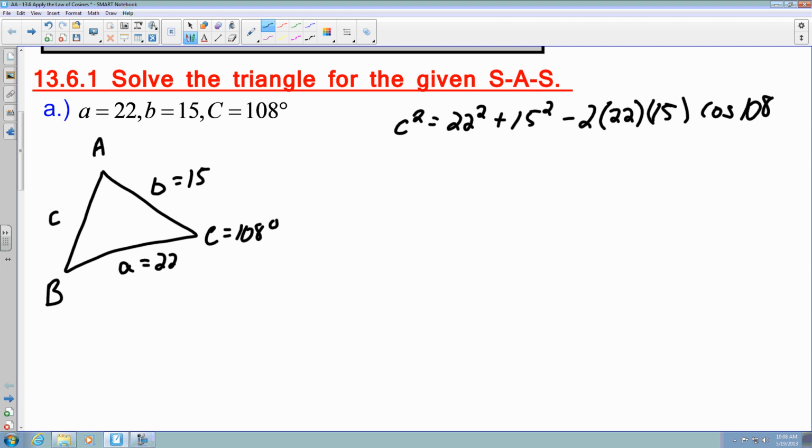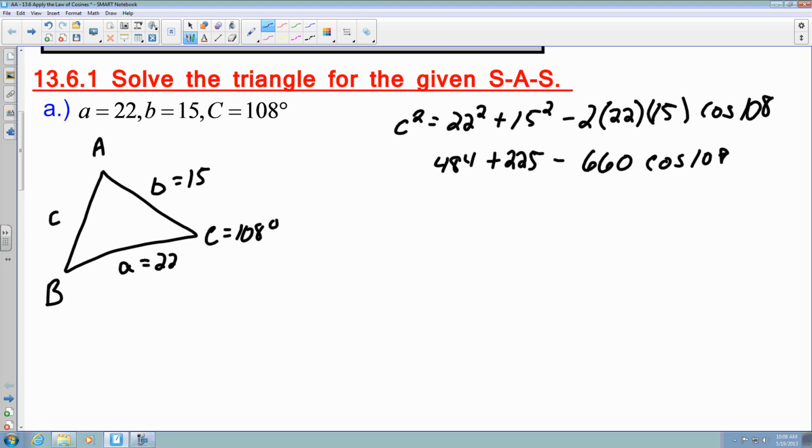All right, so 22 squared happens to be 484. 15 squared is 225. And then minus, I'm going to take 15 times 22 times 2, which gives me 660. Multiply that by the cosine of 108.